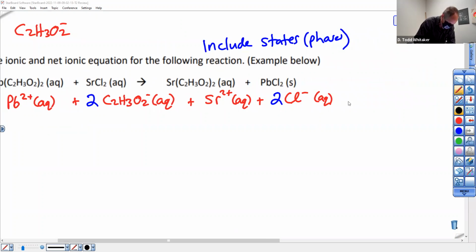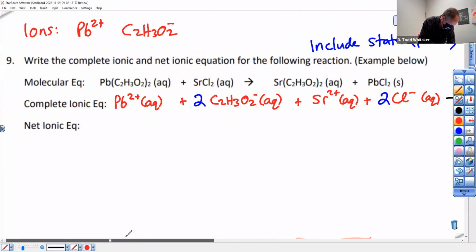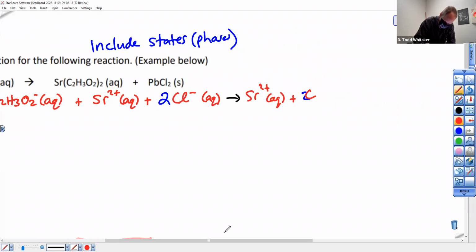React to give 1 strontium dissolved in water, plus 2 acetates dissolved in water. Yeah, these ionic equations. It says ionic equation. Complete ionic, they're long. And sorry about that. 2 acetates, also dissolved in water.